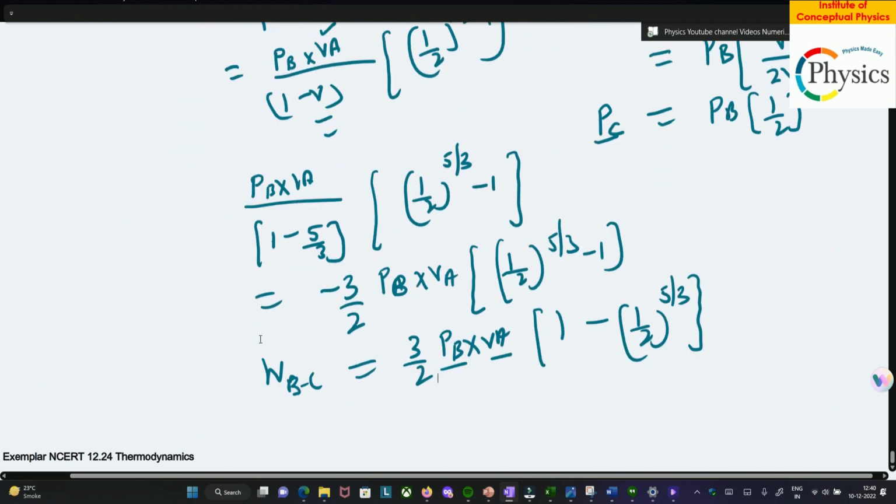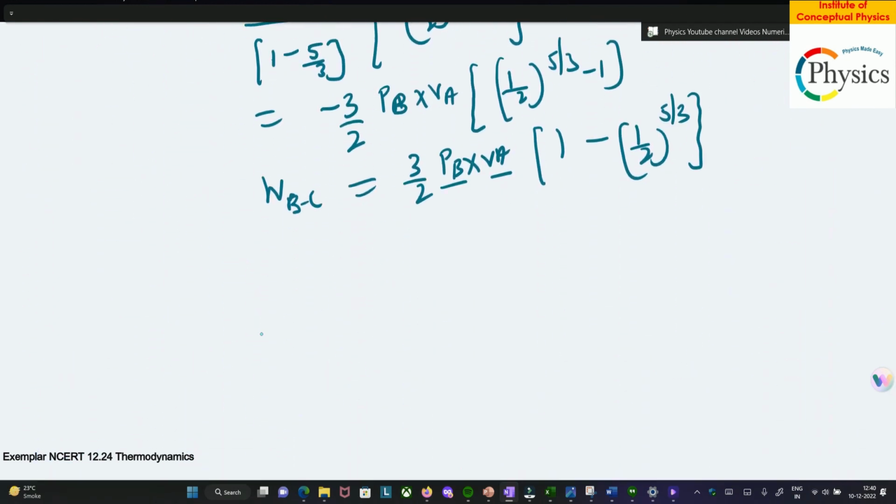Now let's calculate the work done during the adiabatic compression, the second work done.